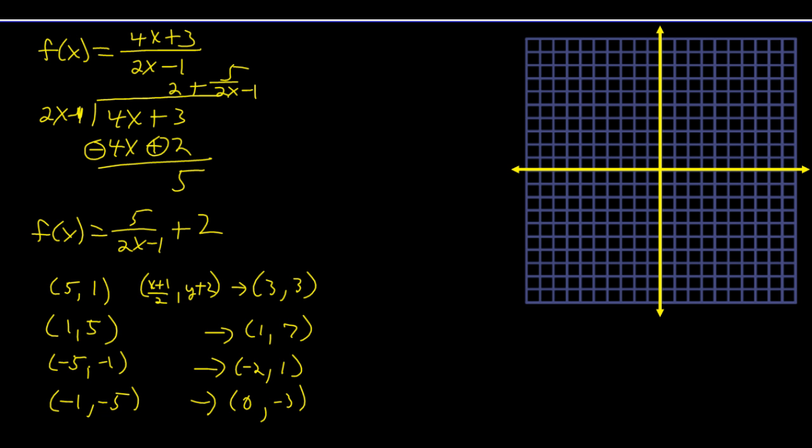So now let's see where those are. First, let's get our horizontal and vertical asymptotes. Horizontal asymptote, y equals 2. Vertical asymptote, where this is 0, that would be at a positive 1/2.